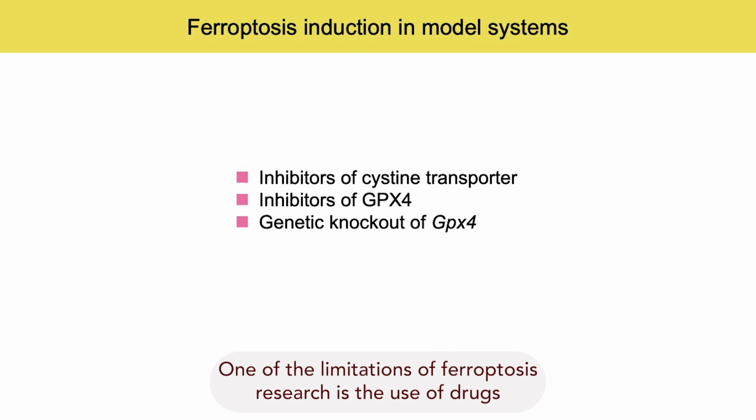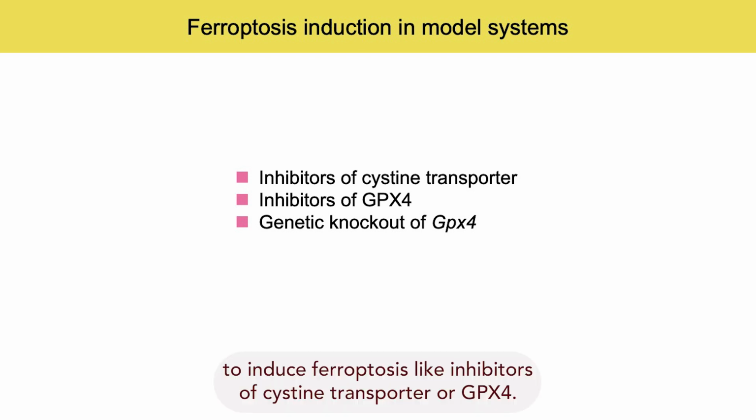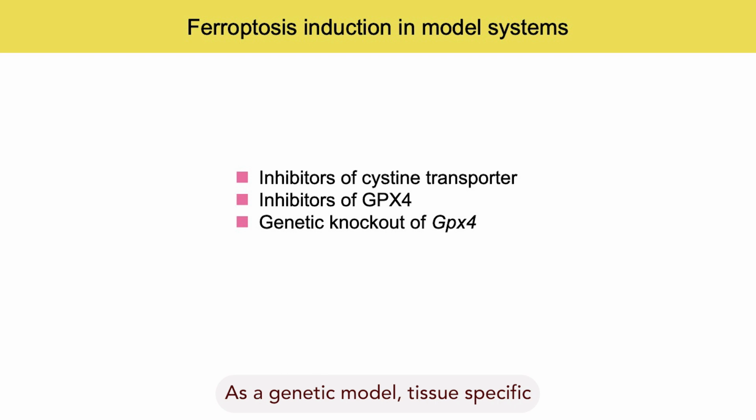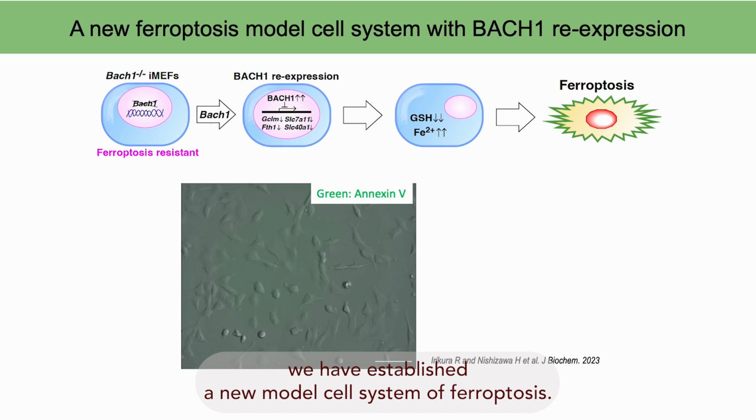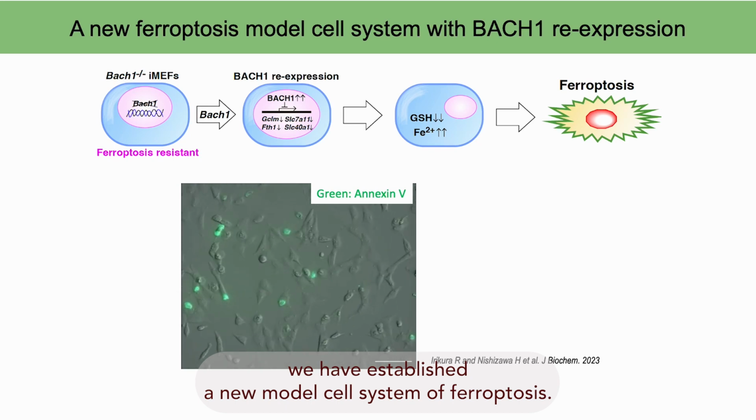One of the limitations of ferroptosis research is the use of drugs to induce ferroptosis, like inhibitors of cysteine transporter or GPX4. As a genetic model, tissue-specific knockout of GPX4 is also used. Each model is very powerful and has driven so many wonderful findings, but they also have limitations. By extending our findings, we have established a new model cell system of ferroptosis.